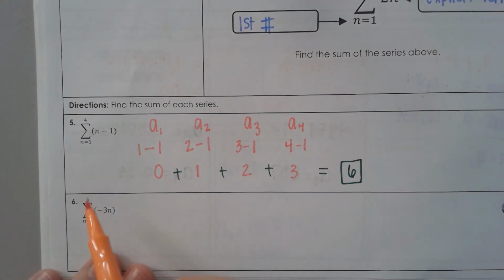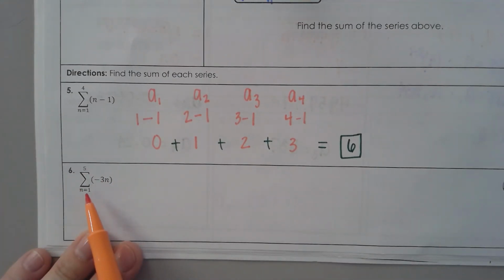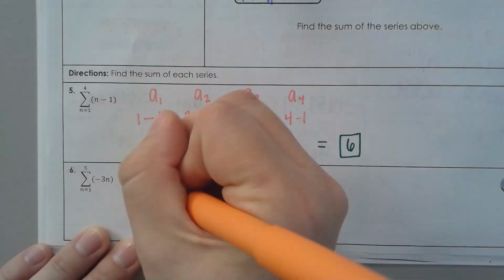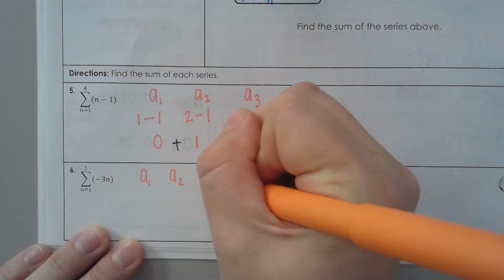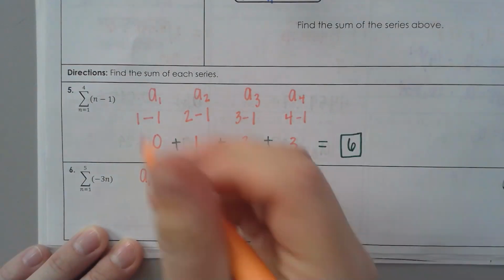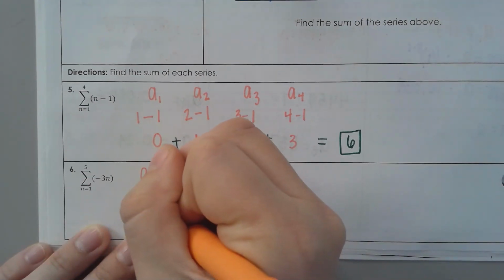So let's go down to number 6. This time we're finding A1 through A5. So term 1 through term 5. I don't think I spaced them enough.